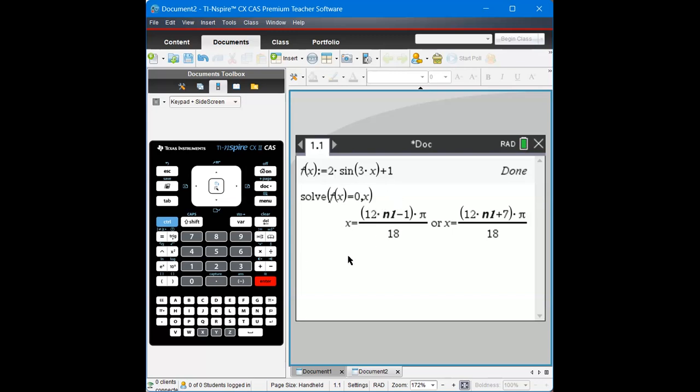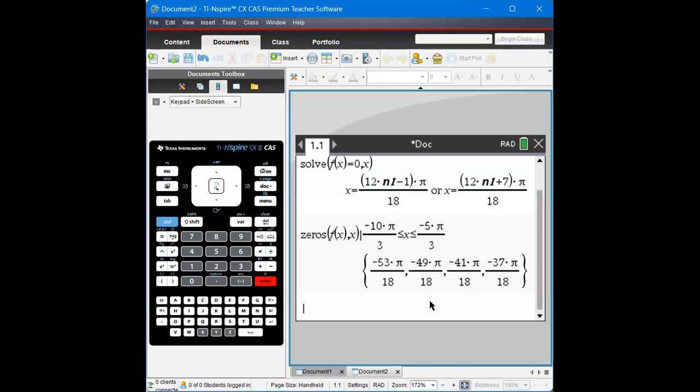And this n1 is basically an integer without other domain restrictions. And then for the sum of solutions between the given interval, we can do this. zeros f of x, comma, x, and we put the given interval after a little bar there, -10 pi over 3 less than or equal to x less than or equal to -5 pi over 3.